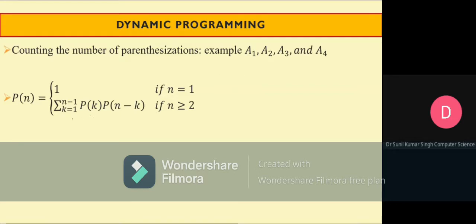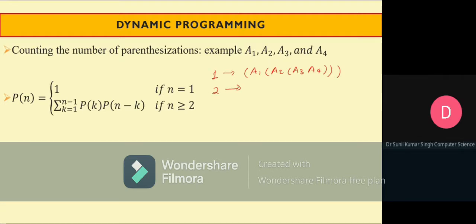So before applying this formula, let's do it manually. One sequence we can write like A1, A2, A3, A4. So multiplying A3, A4, then multiplying it with A2, and then multiplying it with A1. That is one sequence.